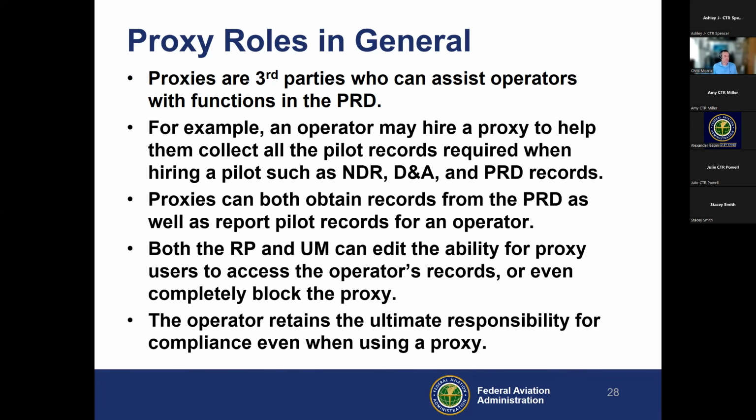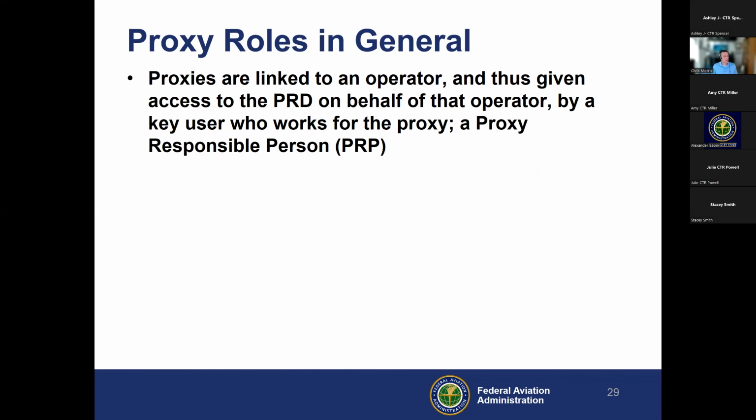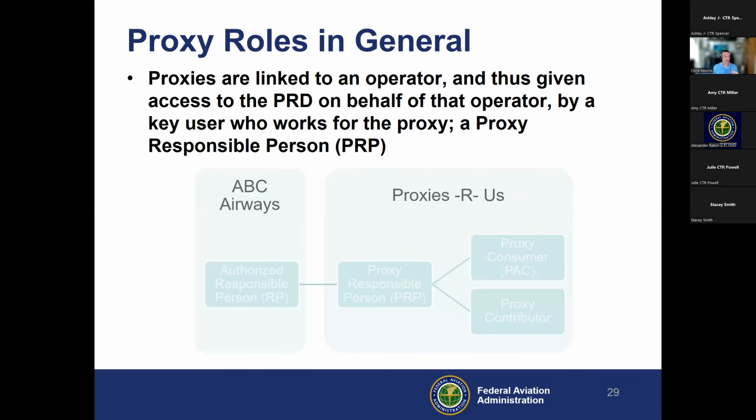So, all right. I want to explain this little bit to you about the relationship between proxies and the proxy employees and kind of how you get someone approved as a proxy. So here's an example. You can see on the left, you have ABC Airways, and ABC Airways has an authorized responsible person, which is good. And they may have other users that I just didn't draw.